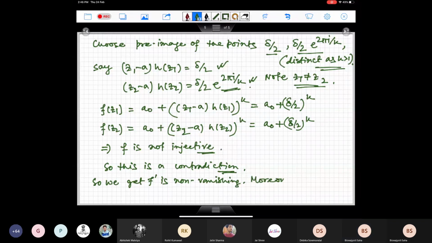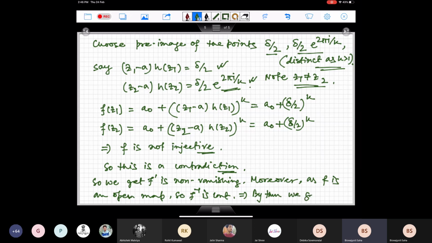Moreover, as f is an open map, f inverse is continuous. So that implies, by the inverse function theorem, we get it.